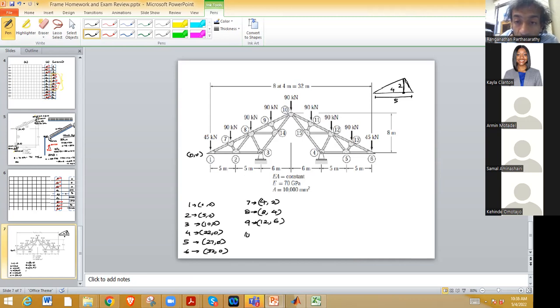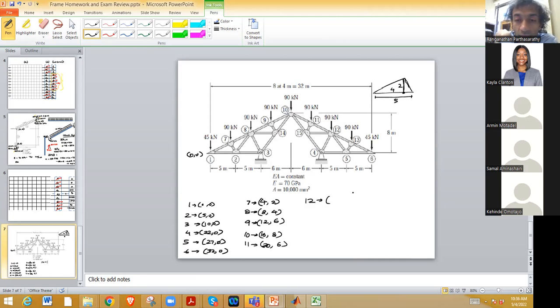Number 10, height is 8 and 16. Number 11, 20, and the height is 6.